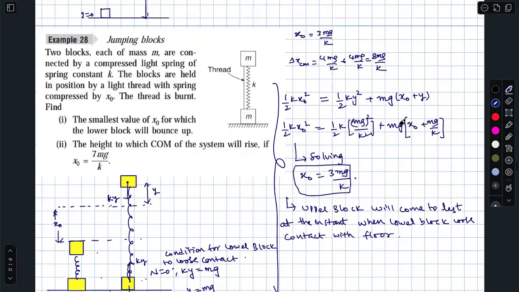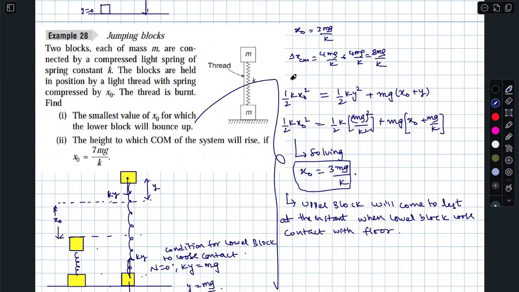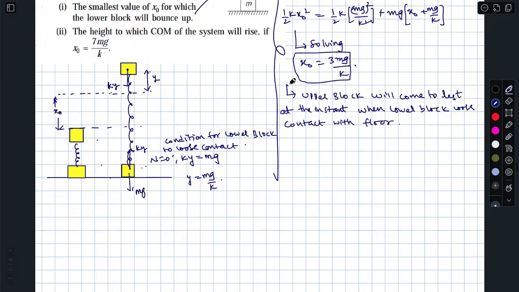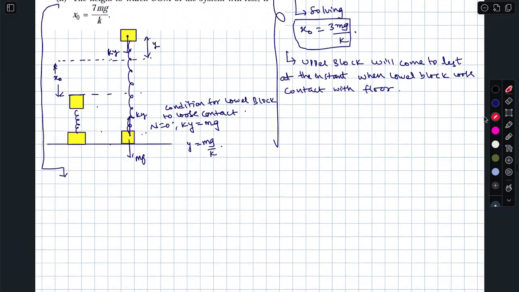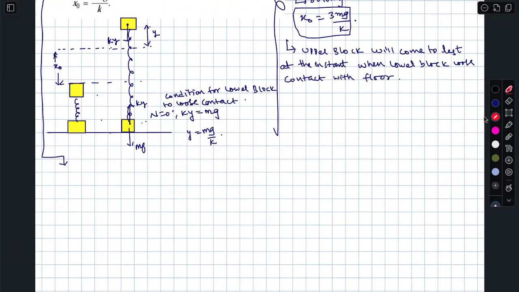Now we are moving to the second case. For this purpose, we will change the color of our pen. In this case, what happens?